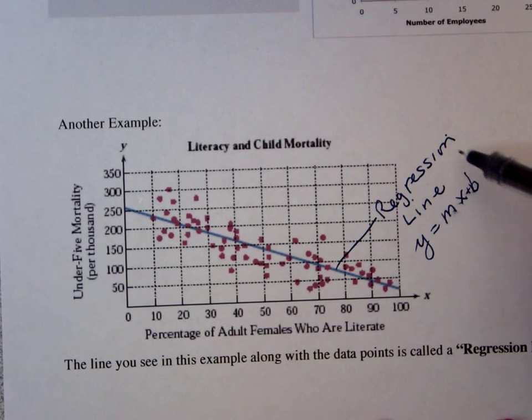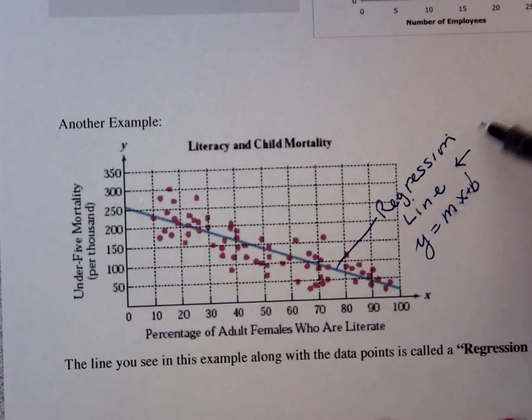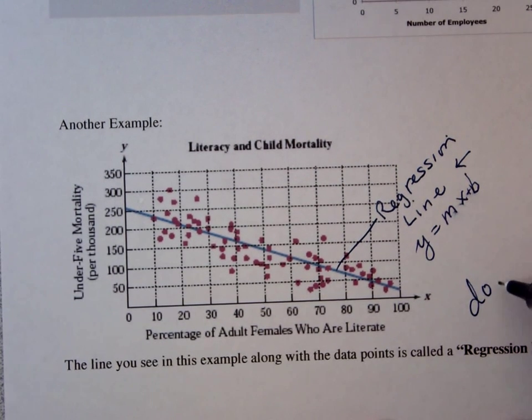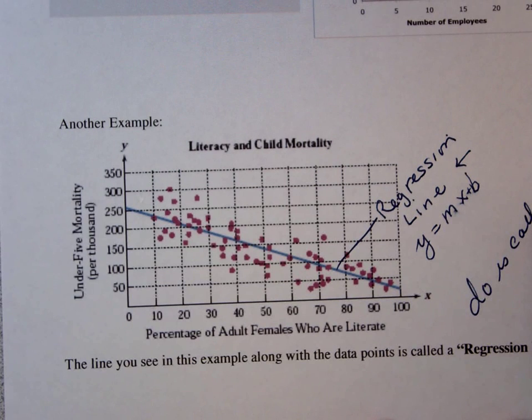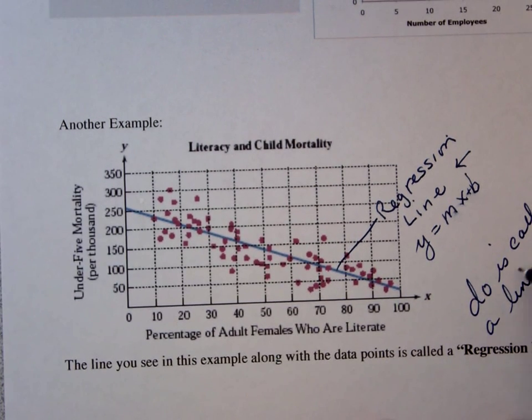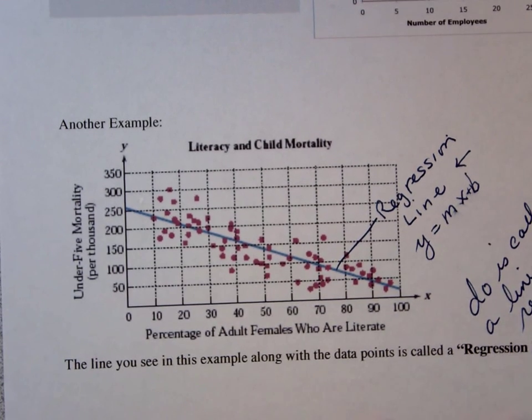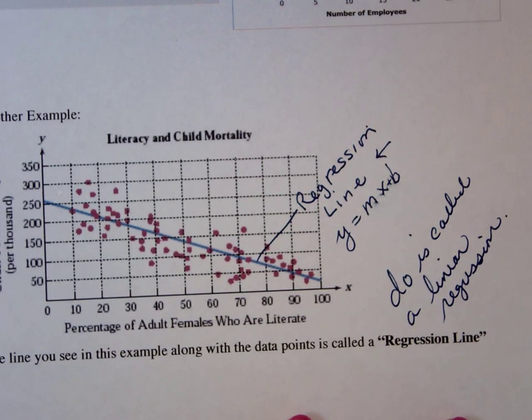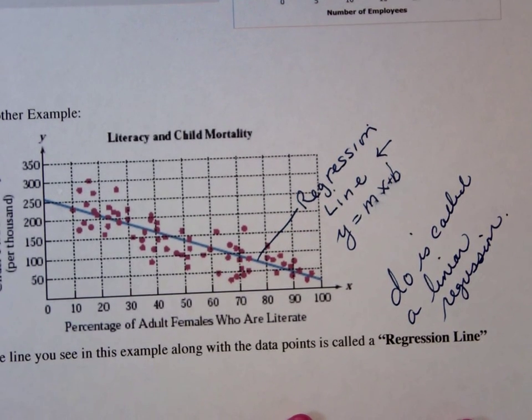And so for us, that's called a regression line. And what we're going to do is called a linear regression. A linear regression produces a regression line.